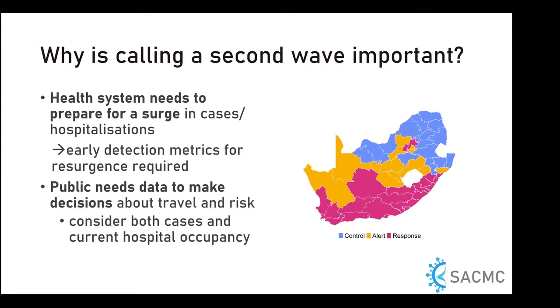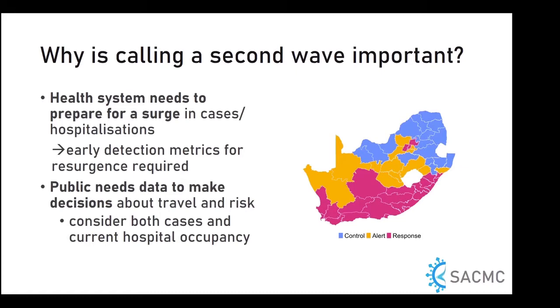We also believe, as a consortium, very, very strongly that the public needs this data to make decisions, especially at this time of the year, especially today, tomorrow, in the next couple of days, about travel and risk. We do not, as a consortium, consider or recommend that anyone changes travel plans. If they can, that is entirely up to them.